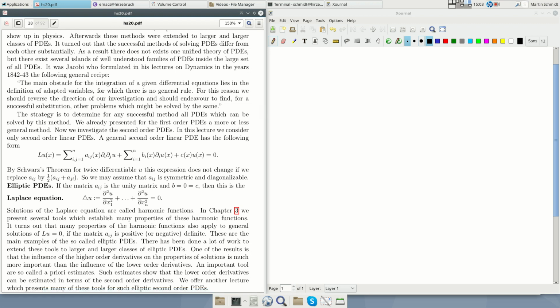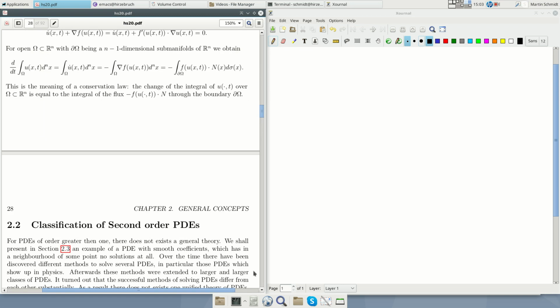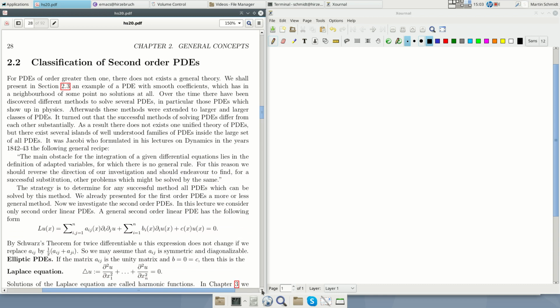Now, this was a general observation over time that there does not exist a general solution theory, but there exist classes of equations which can be treated by similar methods. Already Jacobi was maybe the first who formulated in his lectures on dynamics the following general recipe. The main obstacle for the integration of a given differential equation lies in the definition of adapted variables.